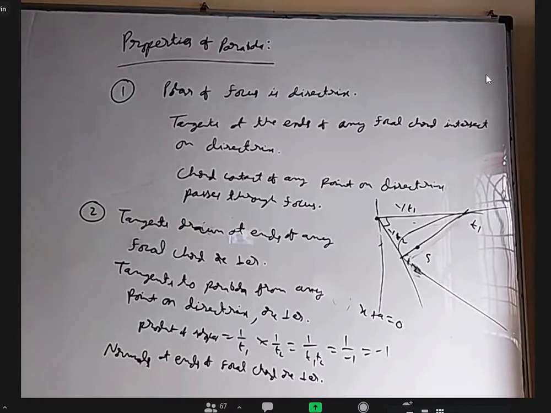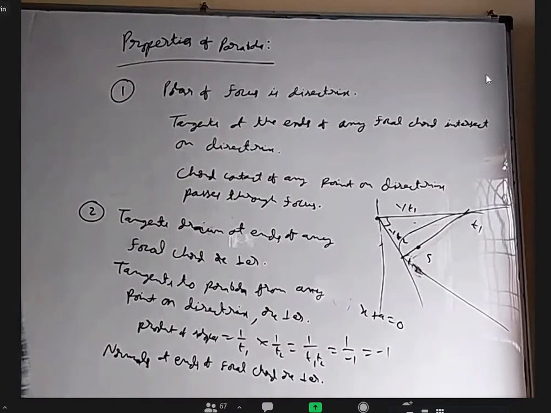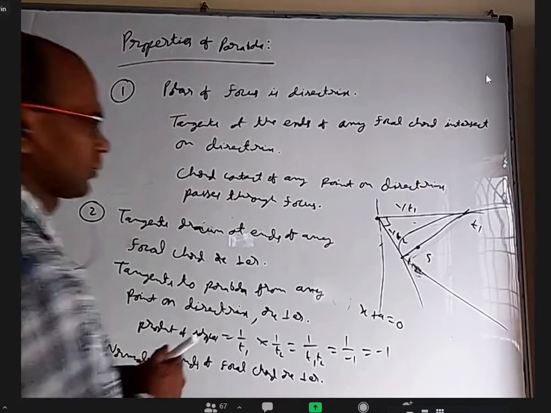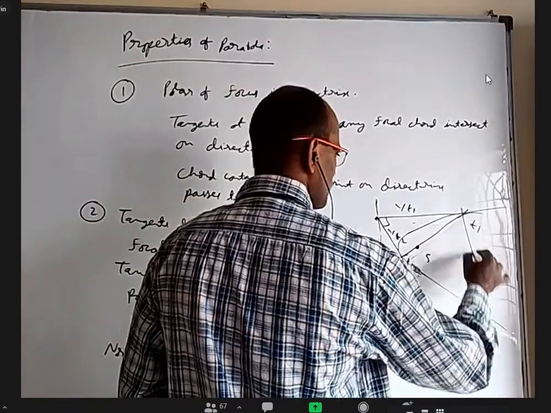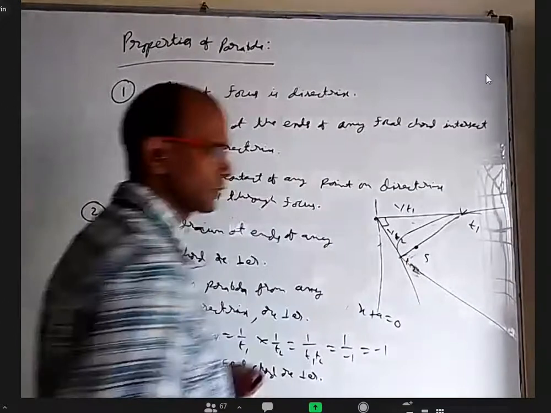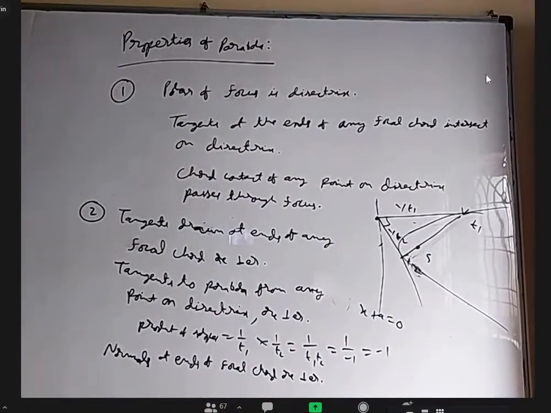Can I say that if you take any focal chord, the two tangents at the ends and the two normals at the ends form a rectangle? There will be one normal here and one normal here. All angles are 90 degrees. If all angles are 90, it has to be a rectangle, right? Yes.